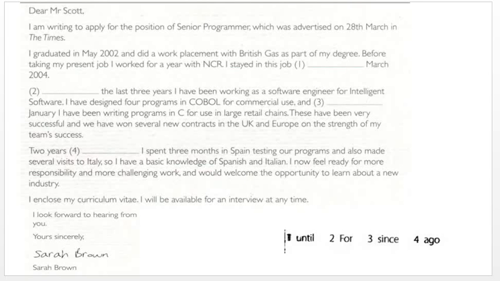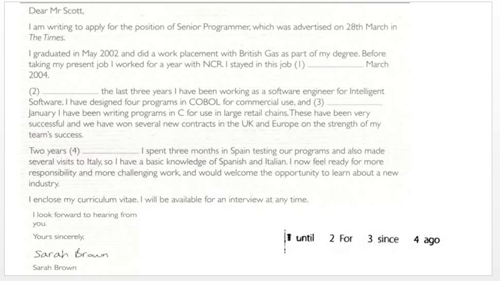In which magazine? In the Times magazine. I graduated in May 2002 and did a work placement with British Gas as part of my degree. Before taking my present job, I worked for a year with NCR. I stayed in the job until March 2004.